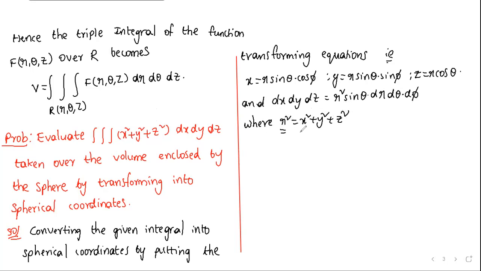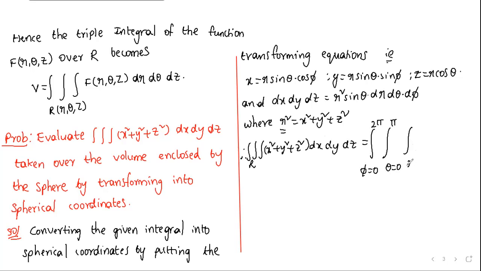So applying all the values in the given equations, we get the triple integral over V of x square plus y square plus z square into dx dy dz, that is equal to the integral phi is equal to 0 to 2 pi, theta is equal to 0 to pi, and r is equal to 0 to 1.